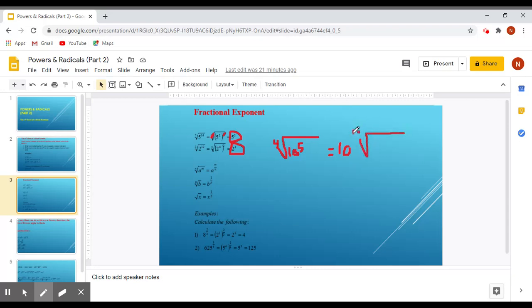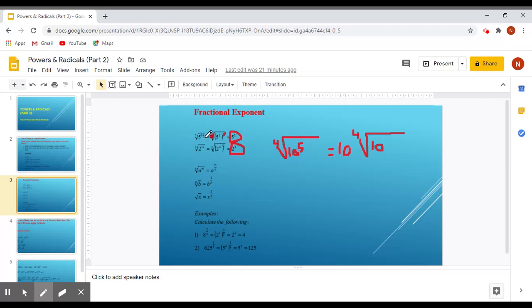So we get 10 outside and the fourth root of 10, because there is one 4 in a 5 and the remainder is 1. So for each group of four powers, we can take one outside, and we have 10 to the 1 remaining.